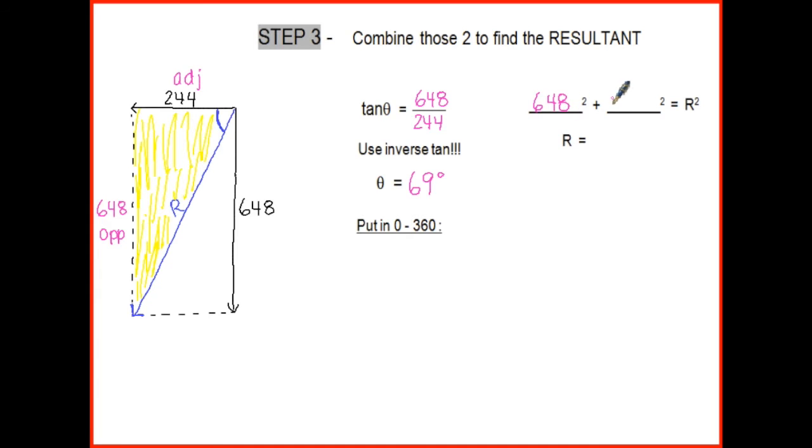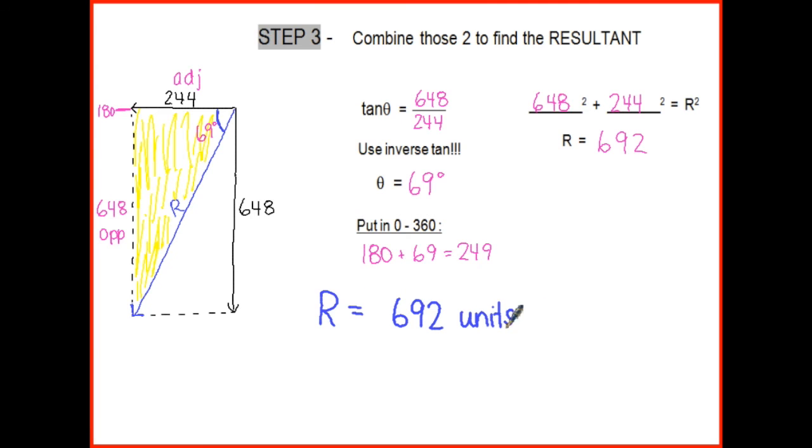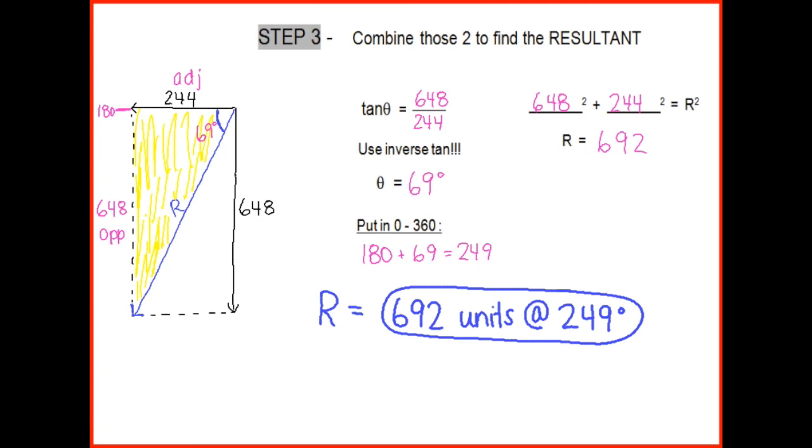I have a little setup here for Pythagorean theorem. Get the length of the resultant 692. Now I need to put it all together. If this is 180, the angle that I found was the 69, so it's 69 past the 180, or 180 plus 69, which is 249. So putting it all together, my answer is 692 units at 249 degrees.